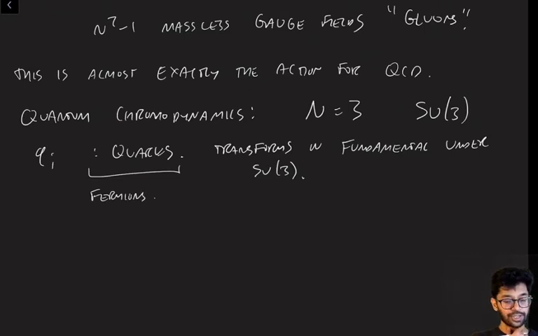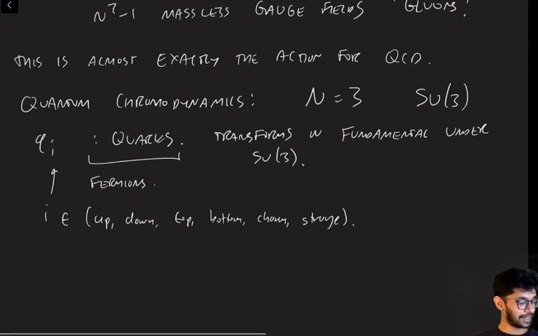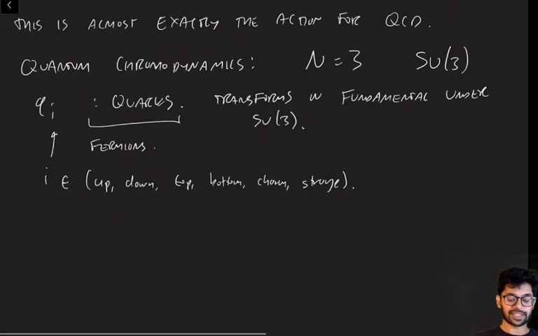How many different kinds of quarks do we have? Here this index i runs over all the different types of quarks, which, as you might have heard, are called up, down, top, bottom, charm, and strange. Indeed, they have very whimsical names. And they all have different masses that you can look up.